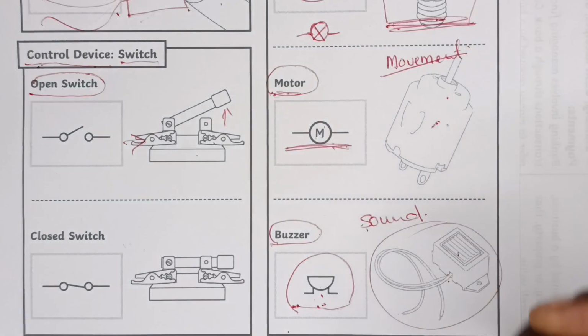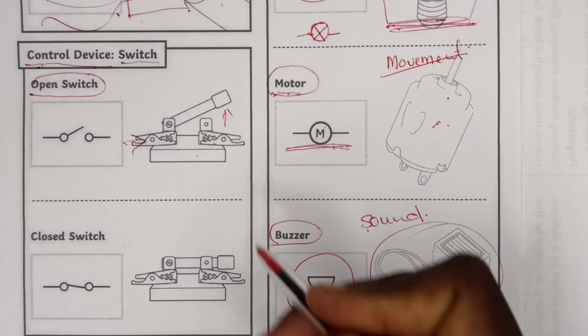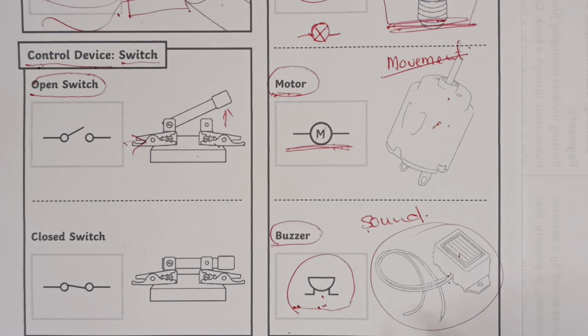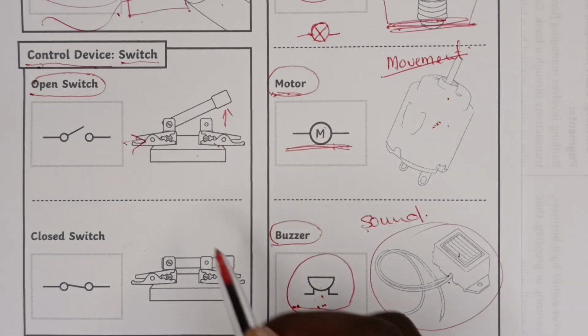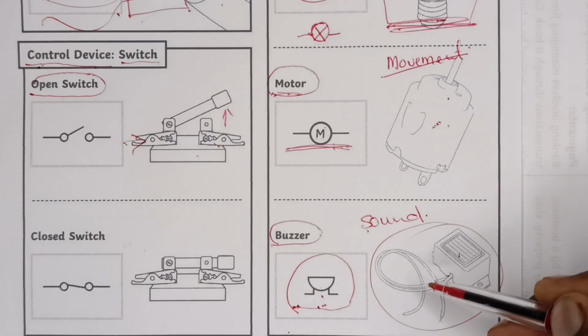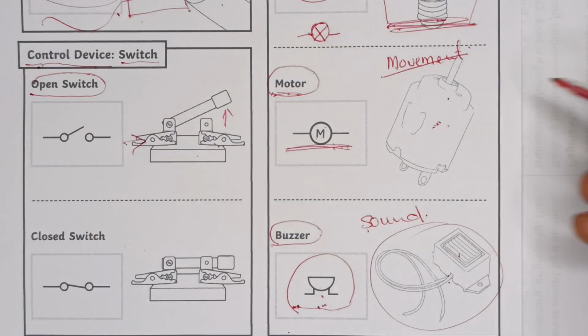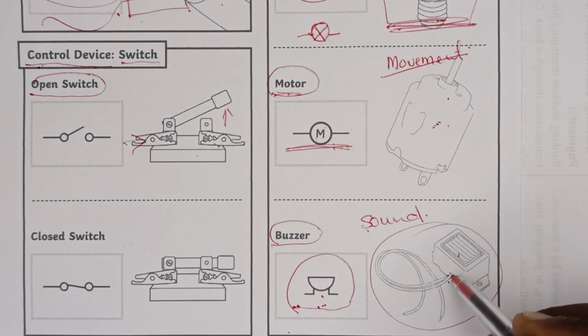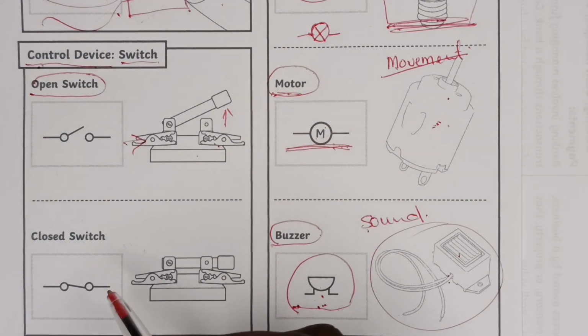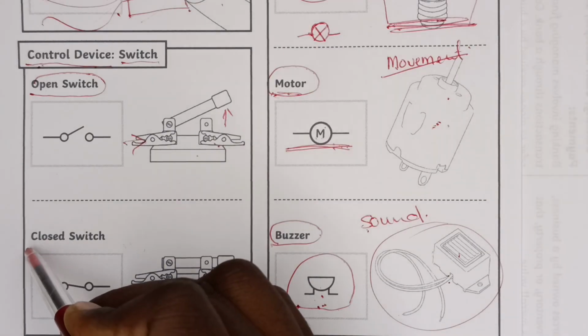So an open switch cuts the flow of the current. It means the devices that give you the sound, the movement and the light will be off because it is open.